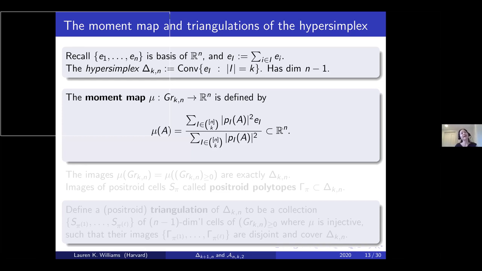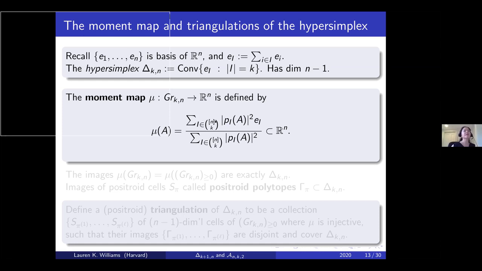If A is my element of the Gr_{k,n} Grassmannian, in other words, I can think of it as a k by n full rank matrix, then I define μ(A) to be a vector in R^n, defined as follows. First of all, the denominator is just a scalar that's the sum of the squares of the Plücker coordinates, so that's just some simple scalar.